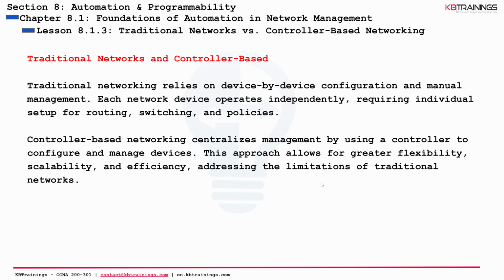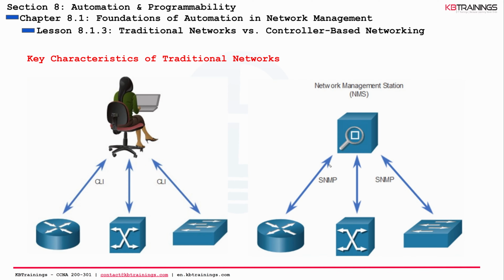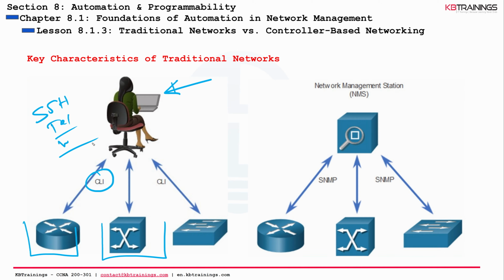Let's go ahead and talk a little deeper about a traditional network. These two images give you a good overview of what's happening when there is no centralization. We have an admin workstation here, and from there, we are managing each device individually using CLI with protocols like SSH or Telnet. Or we can even use the GUI with HTTPS as well.